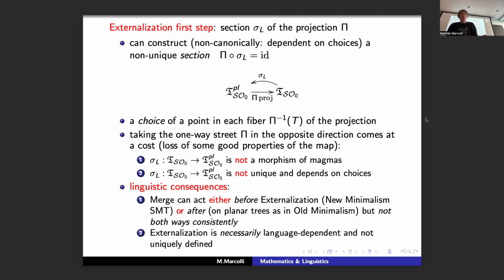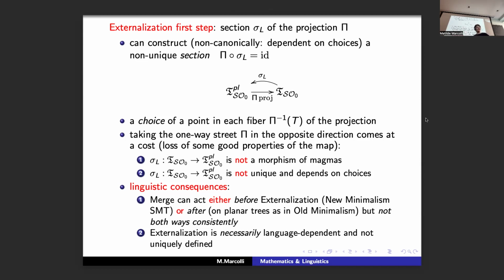And at the level of linguistic consequences, these two properties that you lose are exactly what you expect to get. The fact that this choice of planar embedding is not a morphism of magmas is really telling you that the structure formation of merge can either happen before externalization or after, but not both of them simultaneously and compatibly. Right? So in this model, all the structure formation is happening before externalization.